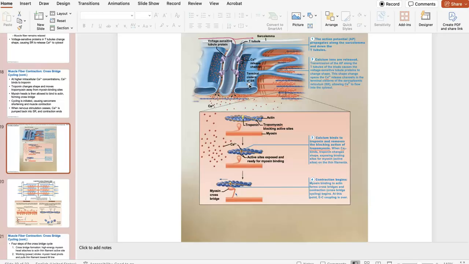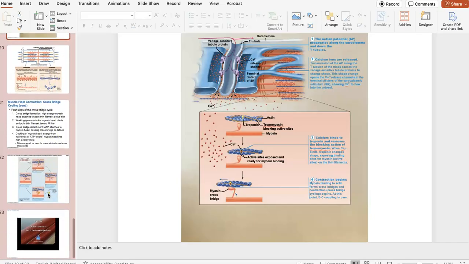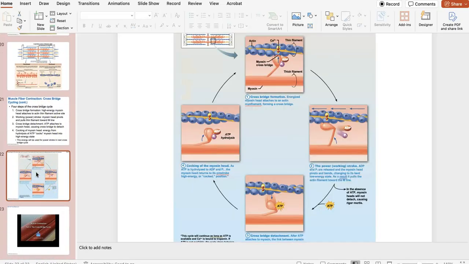But the last thing we want to mention as we wrap this up is, why is ATP so important? When you've been watching this video, a muscle cannot contract or relax without two main things, ATP and calcium. Now, let's go back actually real quick to the cross-bridge cycle slide.